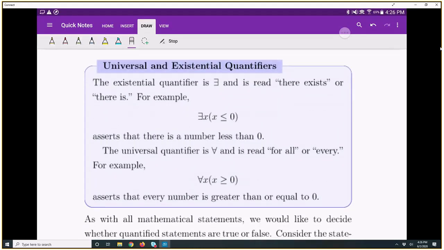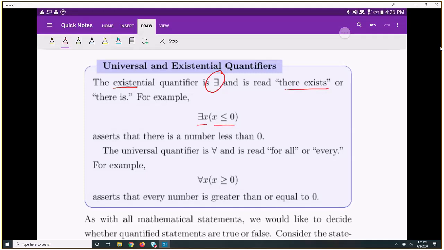The existential quantifier will be denoted by this symbol, and this means there exists. So existential, there exists. You might see it used like this: there exists x such that x is less than or equal to 0.